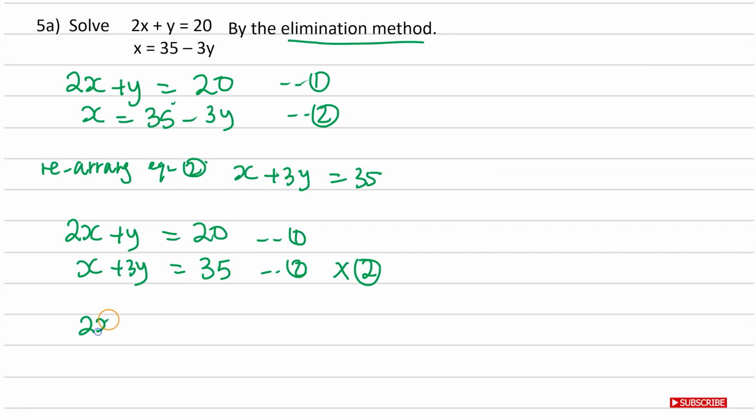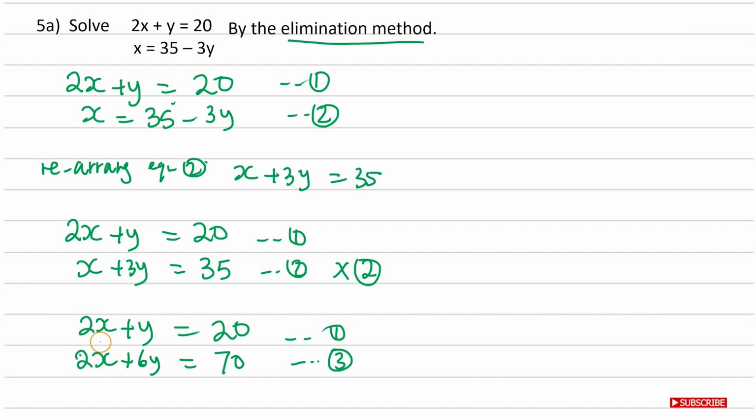We have 2x plus y equals 20, and if we multiply by 2 throughout, we have 2x plus 3 times 2, that's 6y, equals 35 times 2, which is 70. We can call this one equation 3 now.